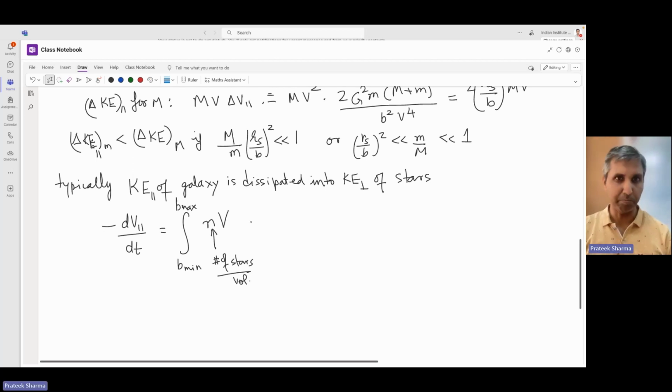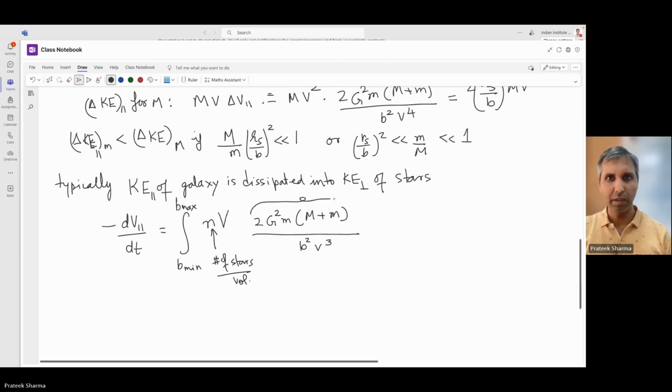Then this is twice G squared times capital M plus small m by b squared v cubed. Also notice this 1 by v cubed dependence that was there in the collisions as well. This is nothing but delta v parallel, right? Delta v parallel for the galaxy.